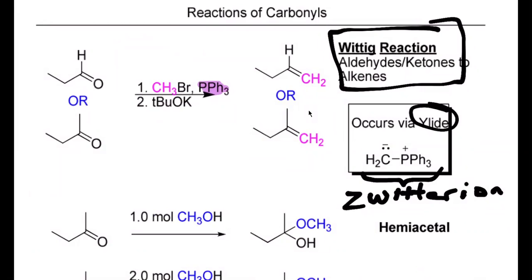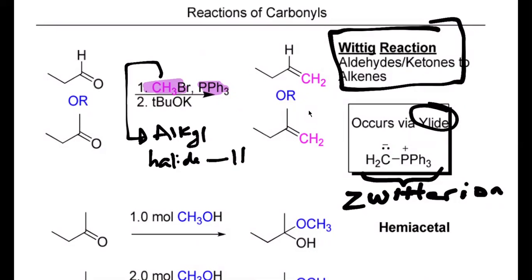Okay, so no, that's on the carbonyl. I'm talking about the alkyl halide right here. So what did I lose from that? You're right, I do lose the oxygen. The bromine and a hydrogen. So one way to think about this is the alkyl halide minus HX, whatever your halogen is, and one hydrogen.